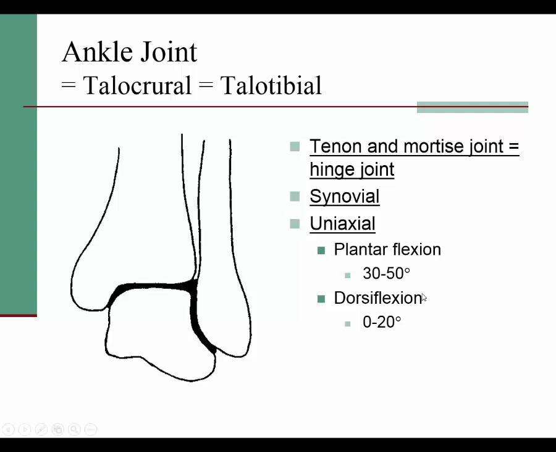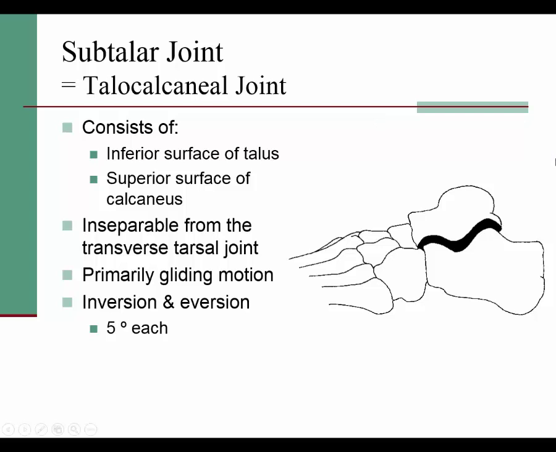Now you also have the subtalar joint, which is also called the talocalcaneal joint. It consists of the inferior surface of the talus and the superior surface of the calcaneus. It's inseparable from the transverse tarsal joint, and primarily a gliding motion will occur here, and then you've got the motion of inversion and eversion that will occur at this joint, about 5 degrees each again, and make sure you know that the inversion and eversion occur in this joint.